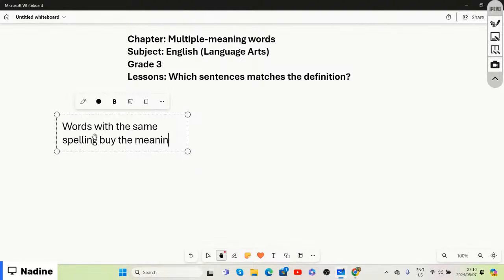Or same spelling, but it has multiple meanings. So that is basically multiple meaning words. It is words with the same spelling, but it has multiple meanings, right?